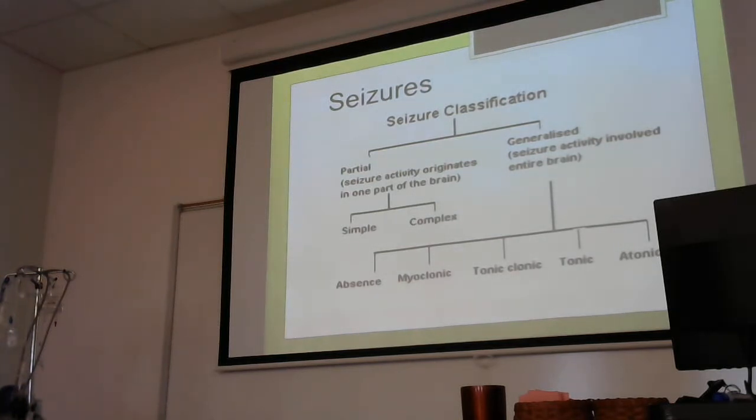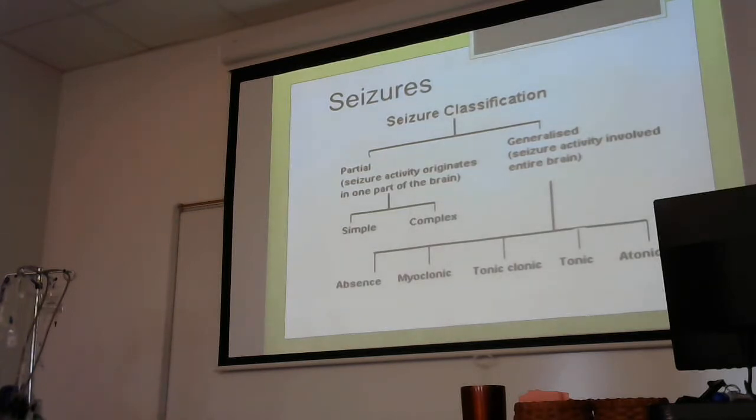When we talk about myoclonic, myo means what? Muscle. So it affects a muscle group, usually in upper or lower extremities. It's usually an extremity group where we see the rhythmic jerking of the patient. Can you say that again?